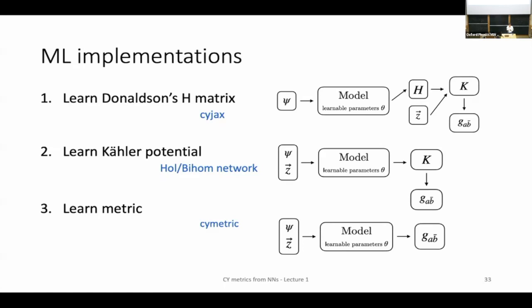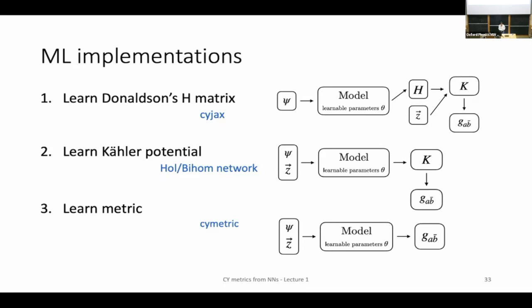But from the things I've heard and read about it, this is what I understand, that you can do both. So either learn H or learn K, the Hermitian matrix or the Kähler potential. But the spectral basis, I understand, is an important part of this package.